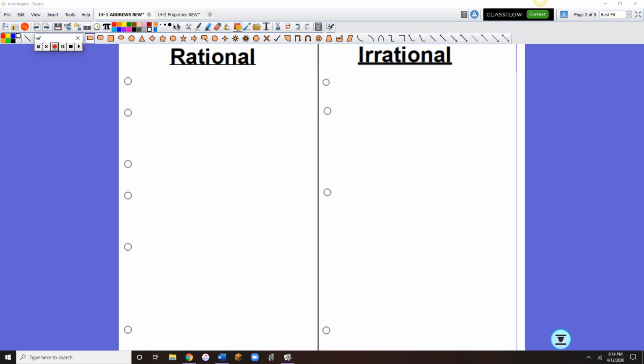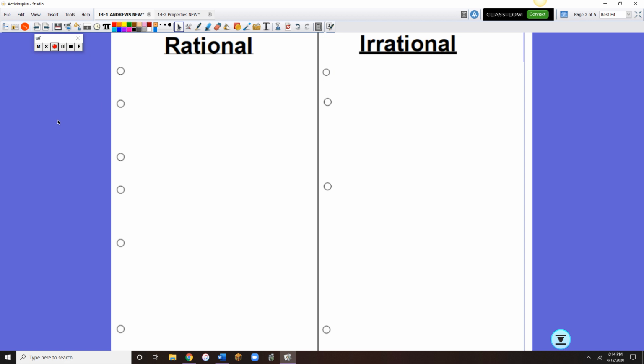The two main categories that we can split up into are rational and irrational, and the Regents likes to ask about rational versus irrational. I know we're not taking the Regents this year, but that's what it likes to ask about. Rational numbers would be like your whole numbers, your natural numbers, your integers. An irrational number would be like pi.